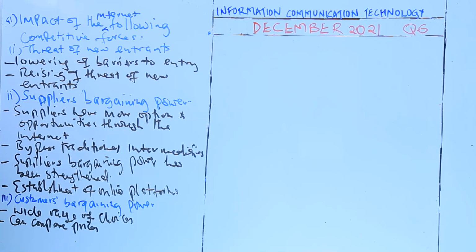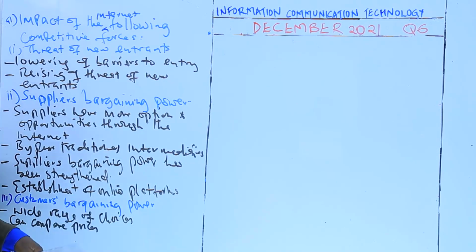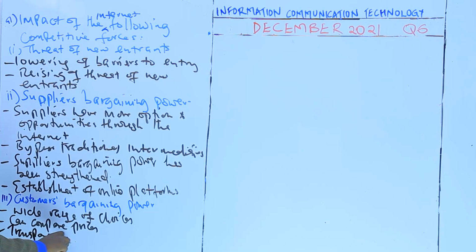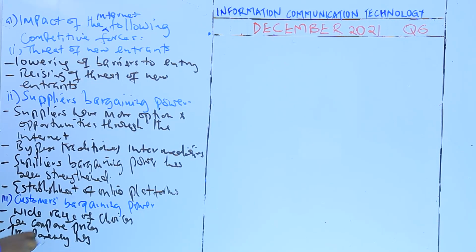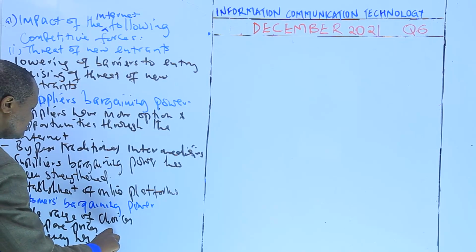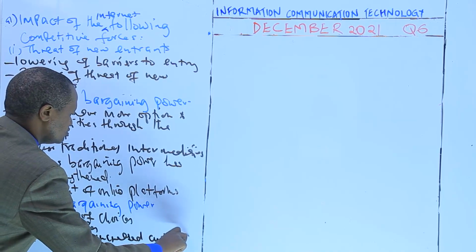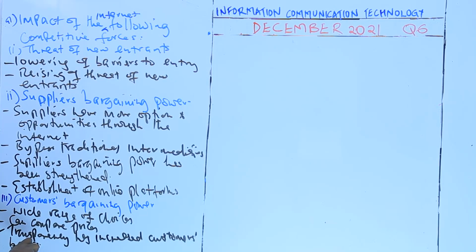And that transparency and ease of information have increased customers' bargaining power. Transparency has increased because customers have access to a lot of information about suppliers. So that transparency has increased customers' bargaining power.